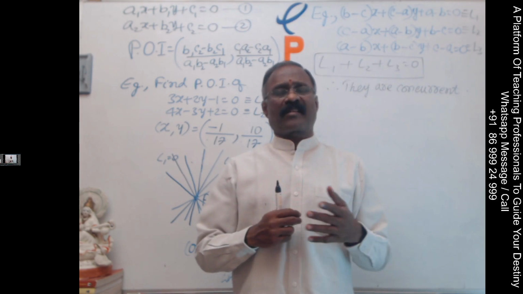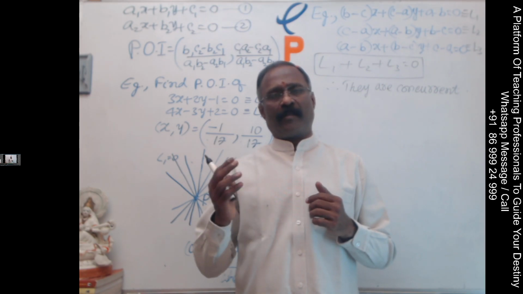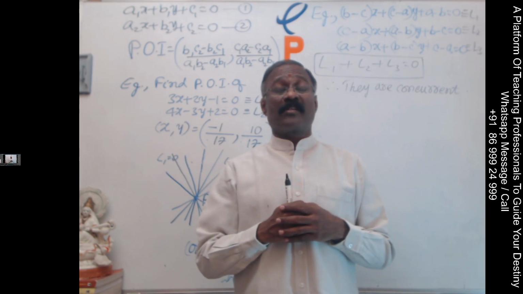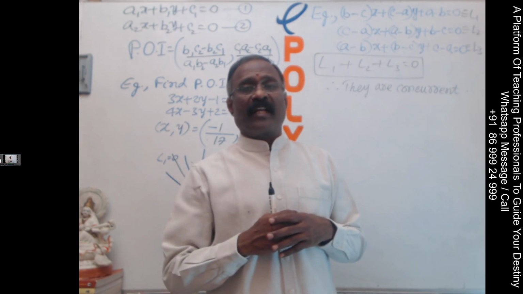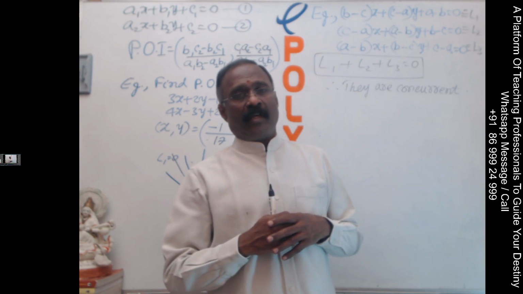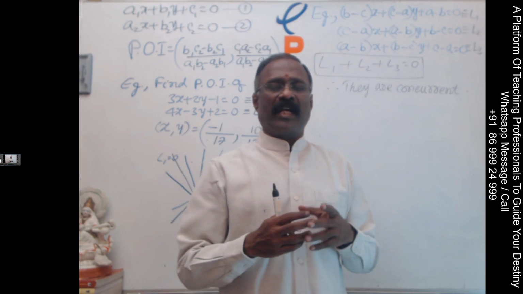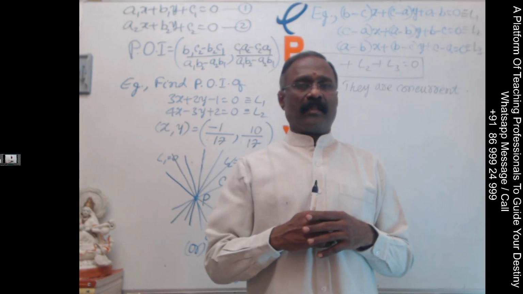And excenters, of course, depend on whether it is opposite to vertex A, vertex B, or vertex C. If it is opposite to vertex A, then a will be replaced with minus a. If it is opposite to vertex B, then b will be replaced with minus b. If it is opposite to vertex C, then c will be replaced with minus c. That's all. The incenter formula and excenter formula differ only in that, nothing other than that.